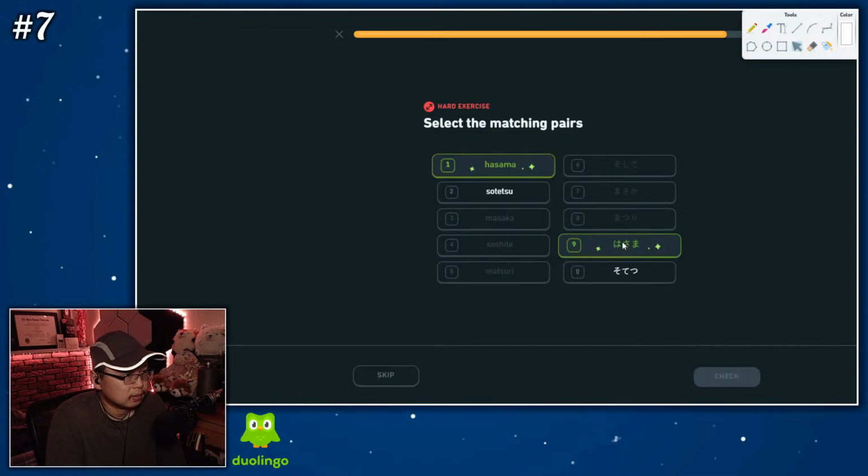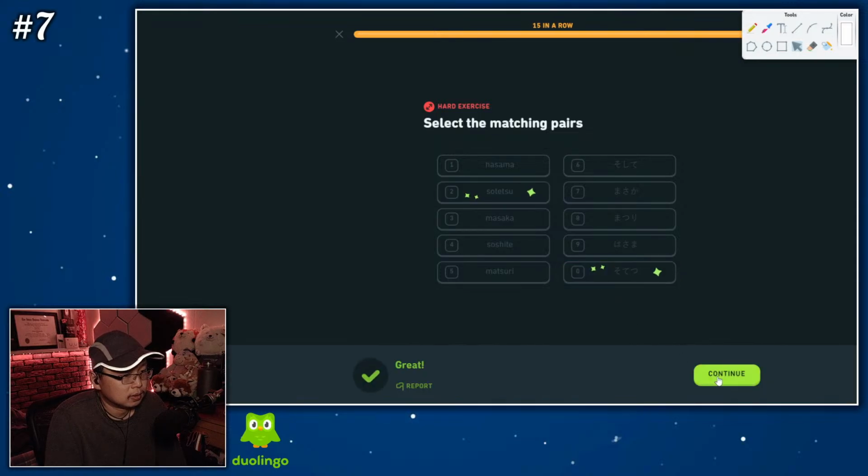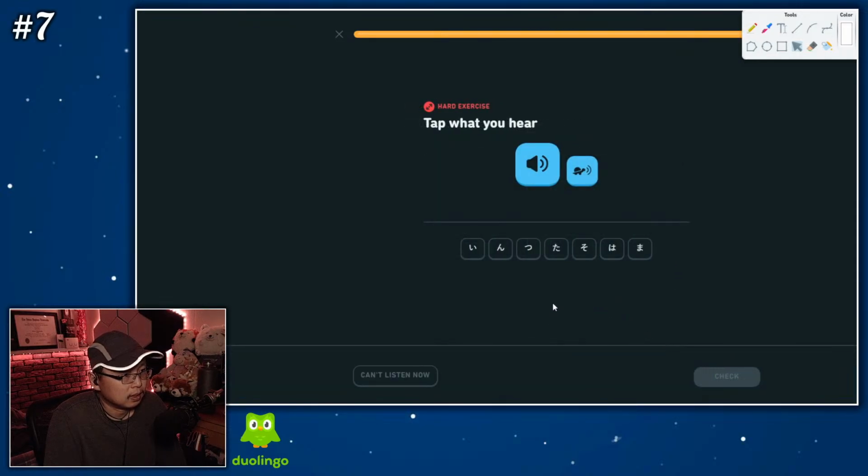Asama. Sotetsu. Sotetsu. Whoa. That's a 反対 rough one.